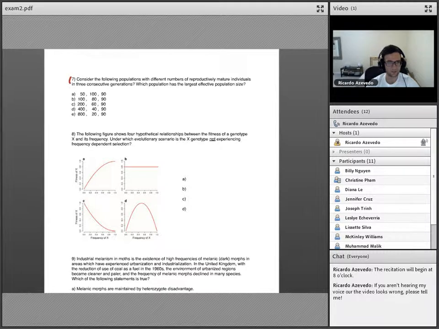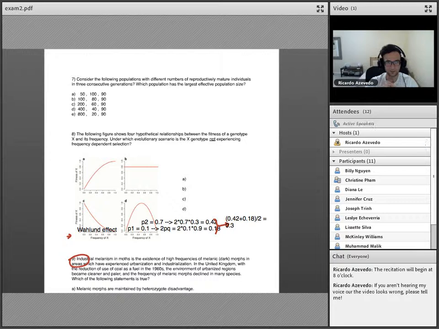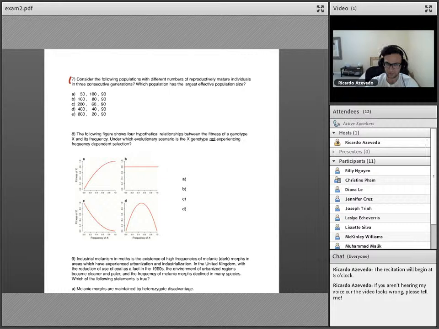Question 7: consider the following populations with different numbers of reproductively mature individuals in 3 consecutive generations. Which population has the largest effective population size? From the lectures, you remember that in the case of changing population size, these so-called bottlenecks, using a simple mean is not enough, because the way we calculate the mean is not sensitive enough to smaller values.